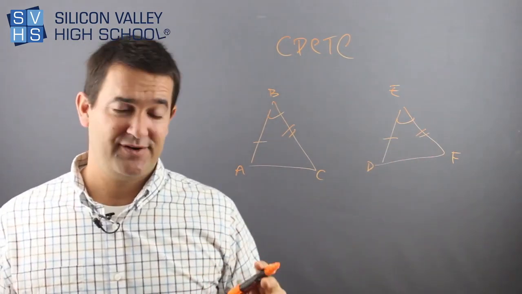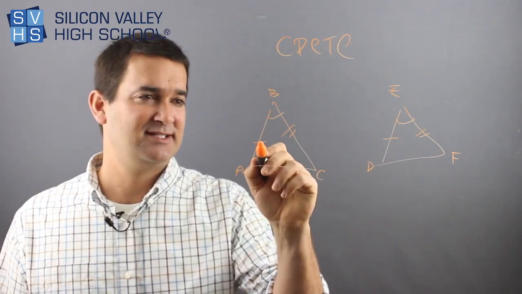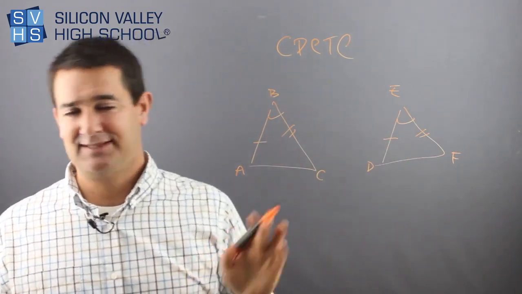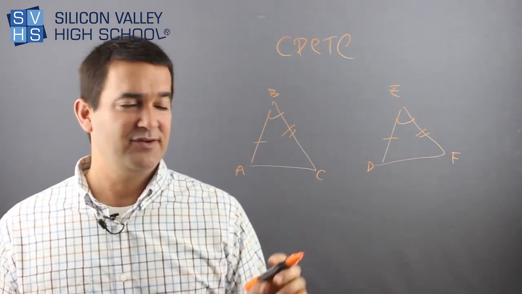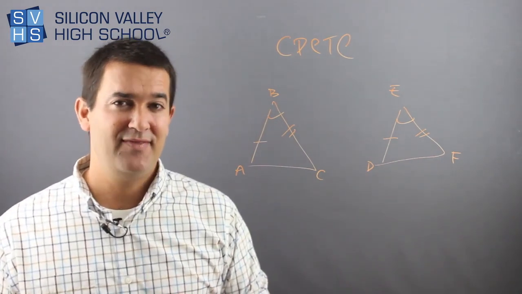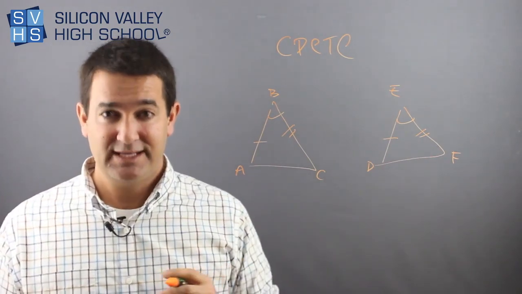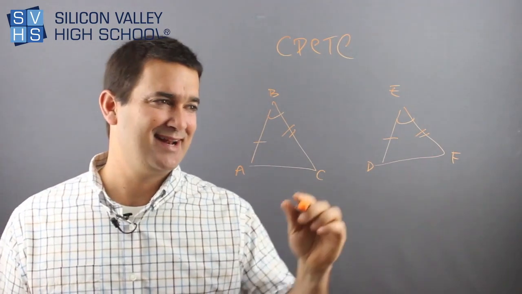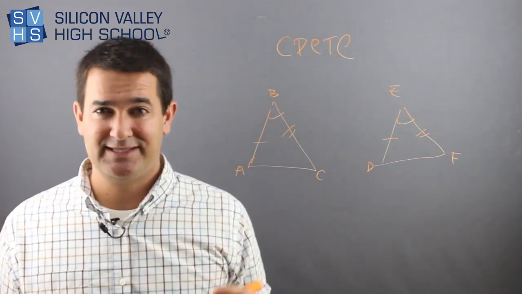After an hour of work, turns out these are congruent by side, angle, side, right? That's another video. We'll talk about how to prove triangles congruent. But once you know that, and that is a fact, then every single corresponding part is also congruent, which, by the way, is kind of common sense, to be honest. You probably would have guessed that, but that's what this whole annoying CPCTC stands for.